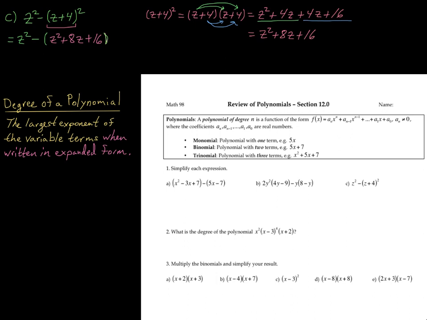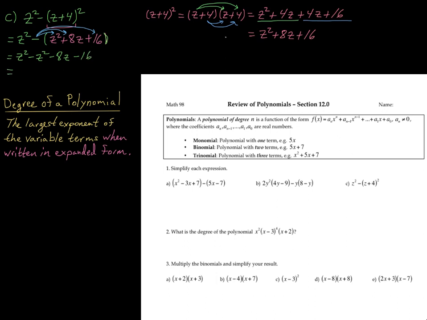So we are going to distribute this negative to all 3 terms in here. That's going to give us z squared minus z squared, and then minus 8z minus 16.